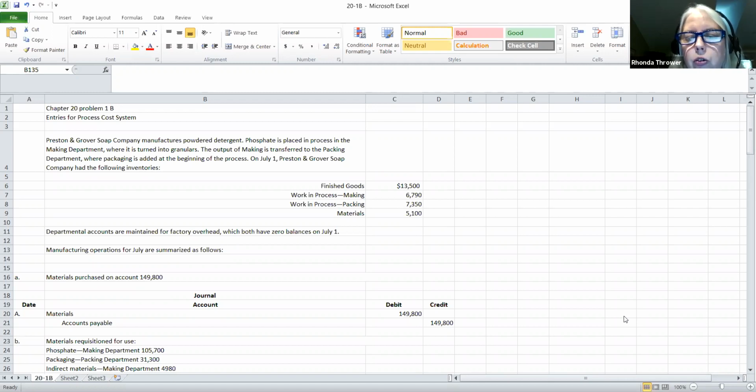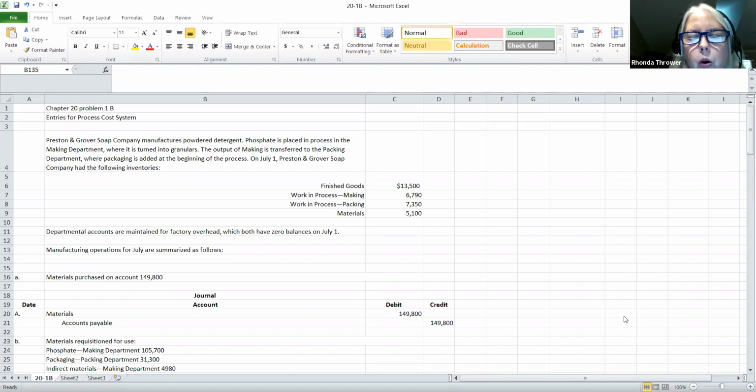All the manufacturing cost went into the job order work in process account for materials, labor, and applied overhead. And then we would transfer those out of the work in process account and into finished goods. But with a process cost accounting system, we keep up with our work in process in each department.